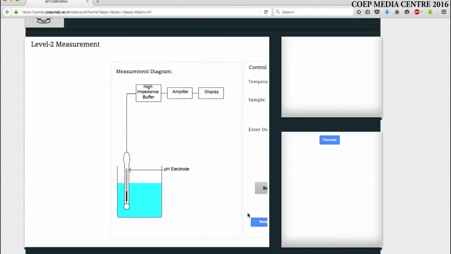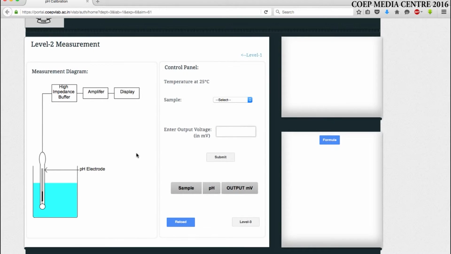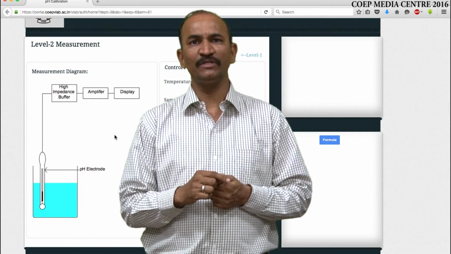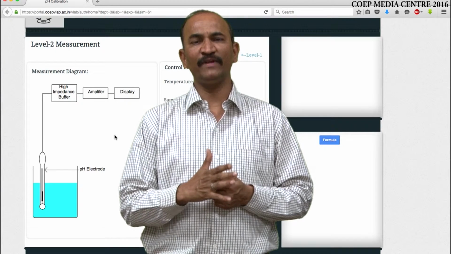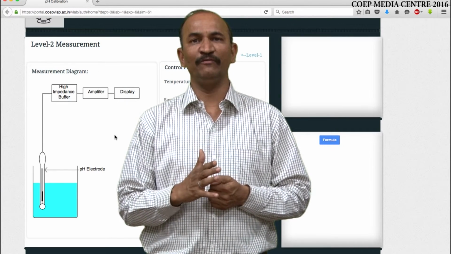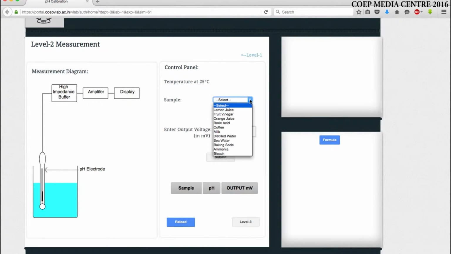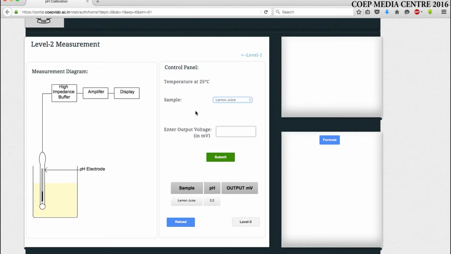Level 2 is developed to indicate the effect of temperature on the measurement of pH. For that, select a sample. For example, I have selected lemon juice as the sample. So this is lemon juice in which the pH electrode is immersed. The pH of lemon juice is 2.2.